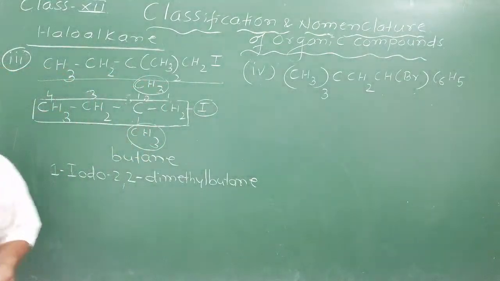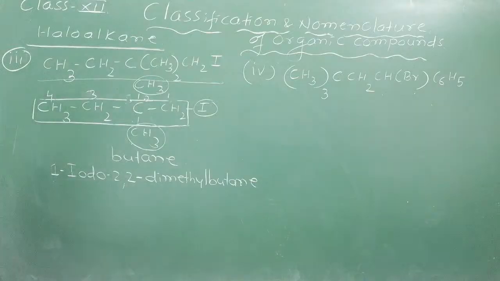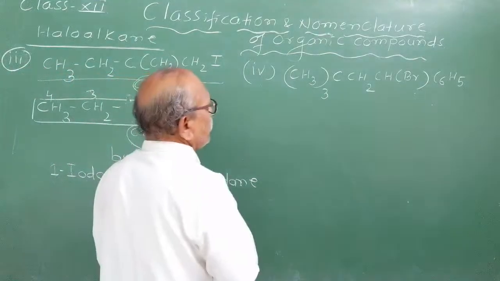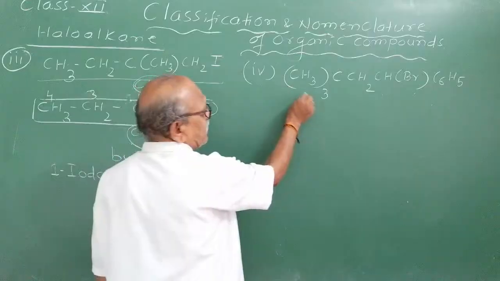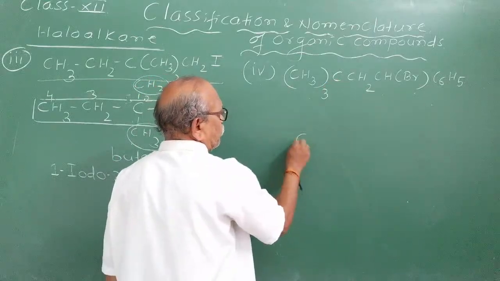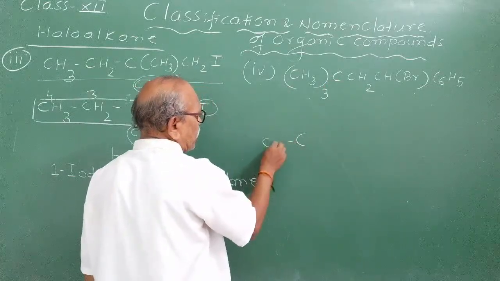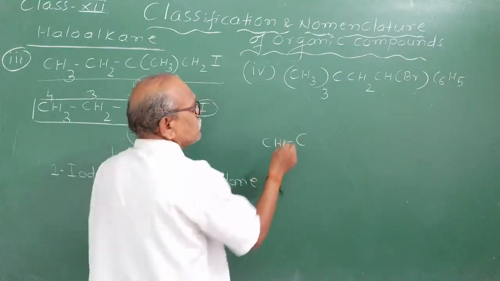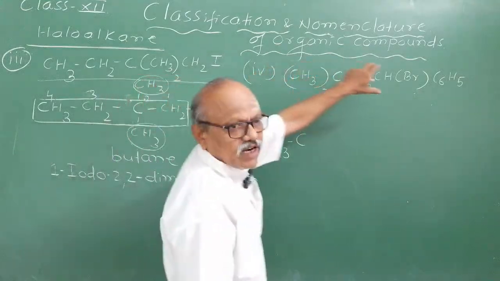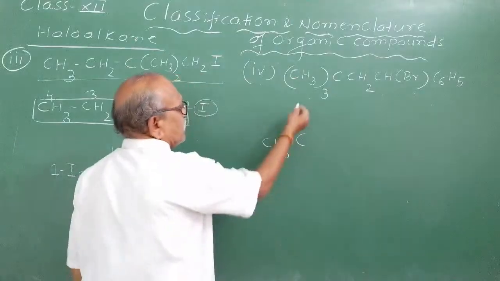How do you write it? First of all, you have to arrange it in such a way that you can name it properly. CH3 thrice means that to this first carbon atom, three methyl groups are linked. You have to understand it like this. This is the most condensed structural formula. You have to open it like this.